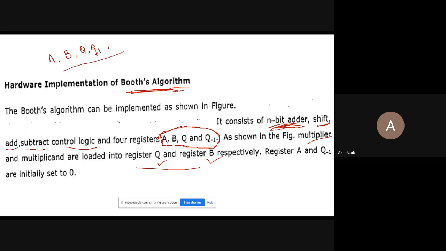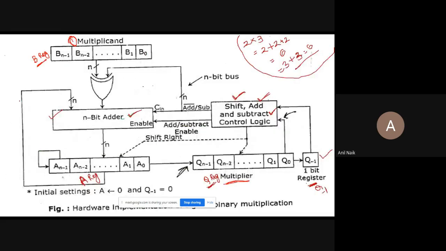These are the registers. Along with that, there is an n bit adder to perform the addition, then shift, and add and subtract. So this is your hardware implementation of Booth's algorithm.